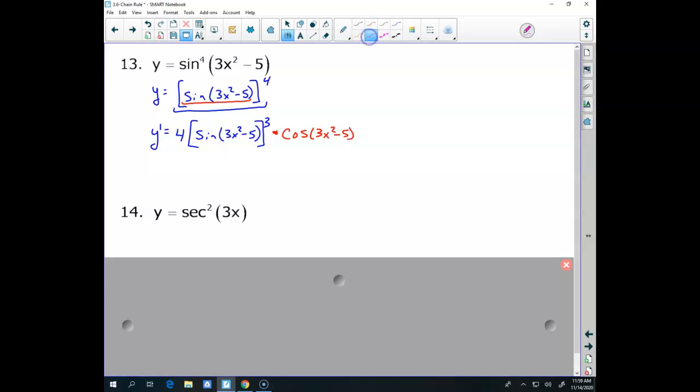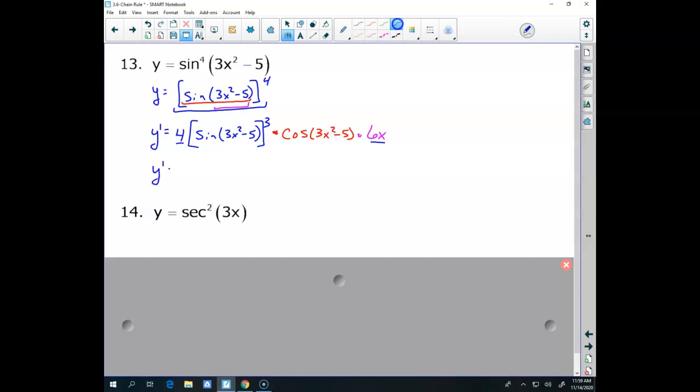And then that's going to be times my innermost function's derivative, which is going to be 6x. Then I'm going to clean everything up, okay? And it's 4 times this quantity to the third times the cosine times 6x. So I can see 4 times 6x.